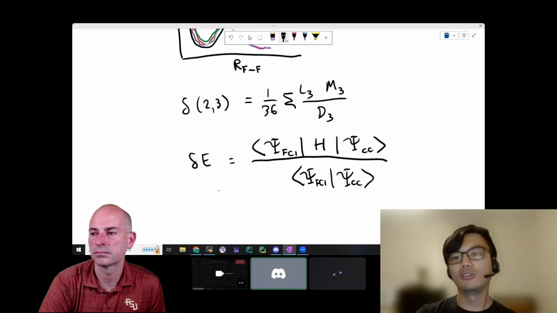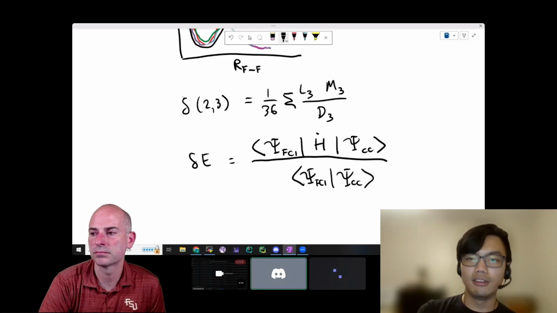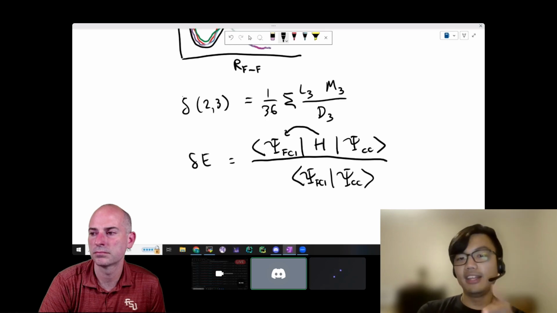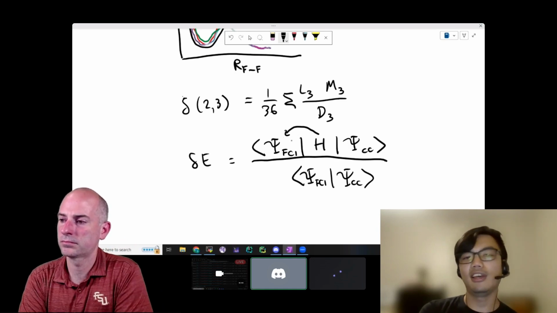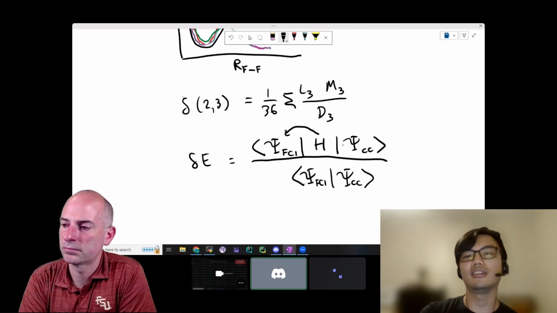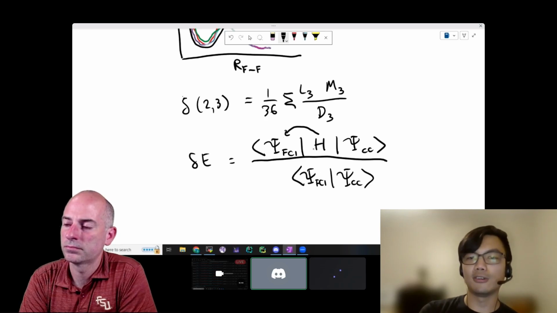Yeah. So you can see that now, this is H, not H bar, so it's Hermitian. So you can act it on the left or the bra side, and you get the full CI energy, right? And then the denominator takes care of the overlap, basically.